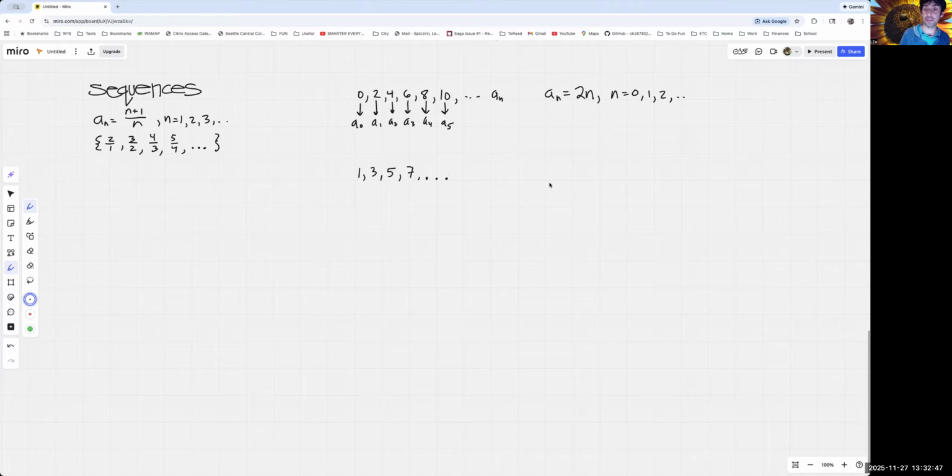So if we look at the work we did above, it's pretty easy to say, well, why don't we just take those even integers and add 1 to each of them, right? Again, starting at 0 and so on.